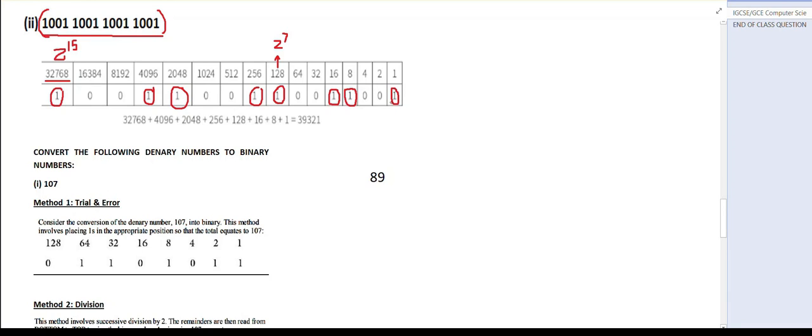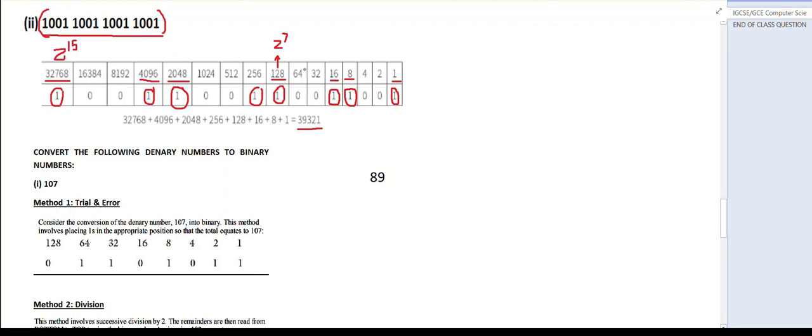Now add the corresponding headings of those bits. This means 1 plus 8 plus 16 plus 128 plus 2048 plus 4096 plus 32768. You will get the denary value 39321, right? Only those headings are to be added which have bits on or 1.